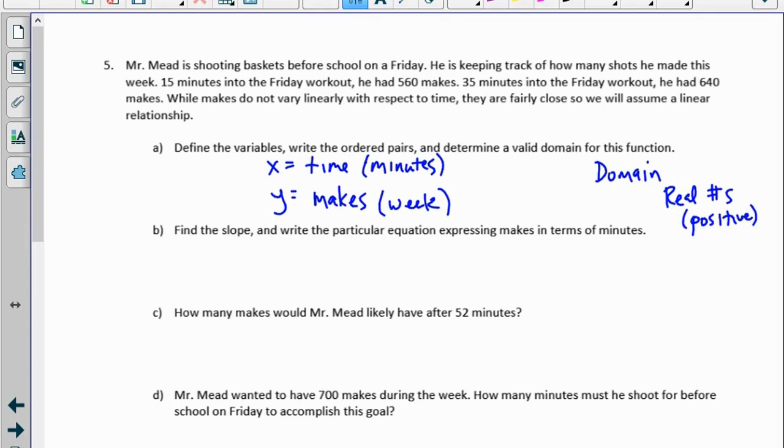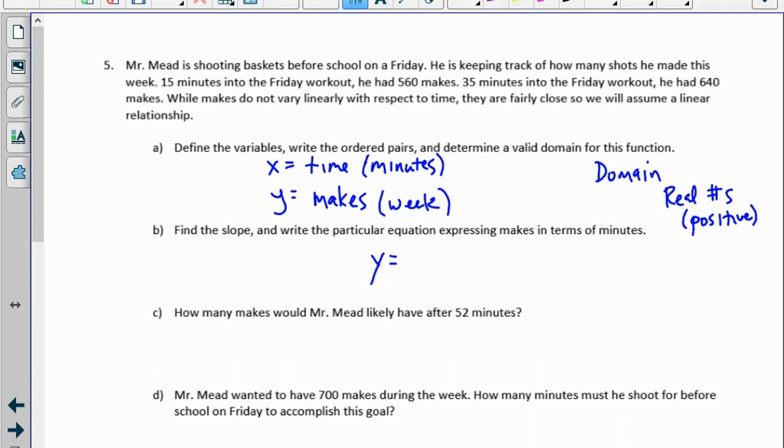Find the slope and write the particular equation expressing makes in terms of minutes. And so let's write an equation. Then I need to take a look at the 2 points that I have. Oh, I forgot to write the ordered pairs.